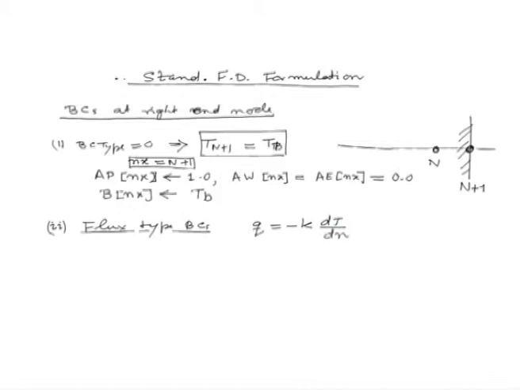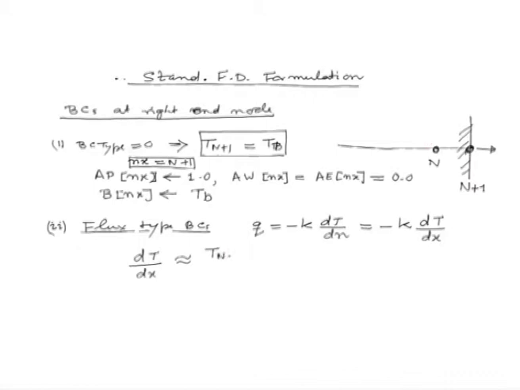In this case our vector n is aligned with the positive x direction, so dT by dn and dT by dx have the same meaning and are identical. So this is minus k dT by dx, and this dT by dx we have to approximate using a one sided difference. We will use a backward difference approximation using the values at node n plus 1 and node n.